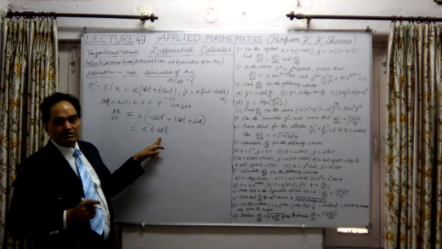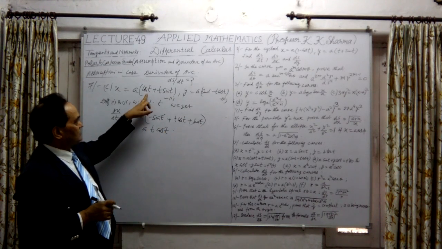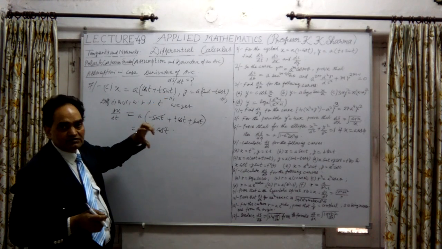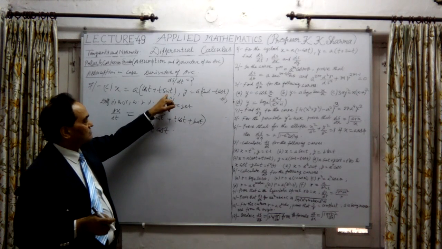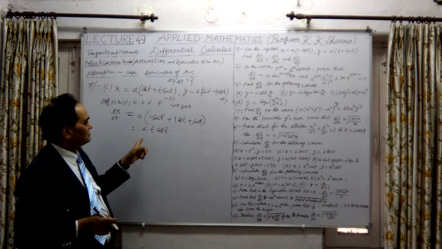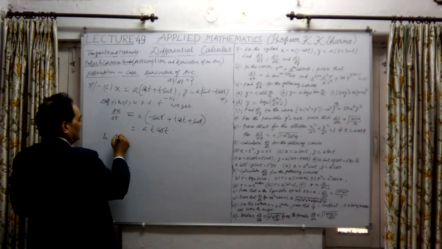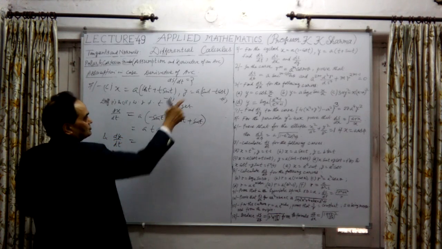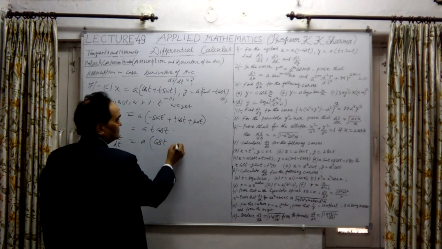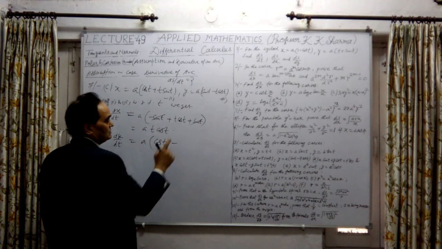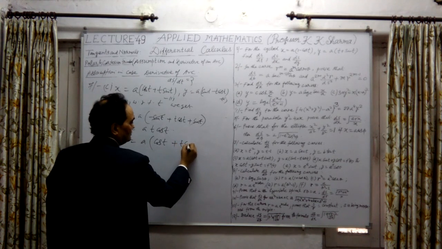So dx upon dt is a t cos t. Sin t cancelled out, because t sin t is differentiated by product rule: t as it is, sin t is cos t, plus sin t as it is, t differentiated as 1, because we are differentiating with respect to t. And d by dt of the second part is a as it is: sin t differentiates to cos t, minus again by product rule, t as it is, cos t is minus sin t, so this will be plus t sin t.